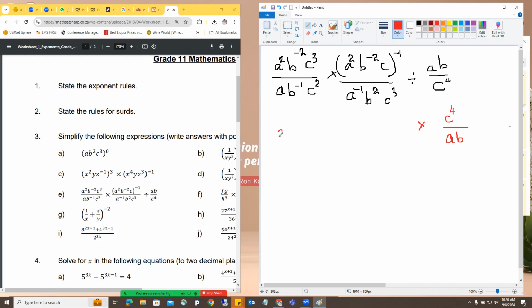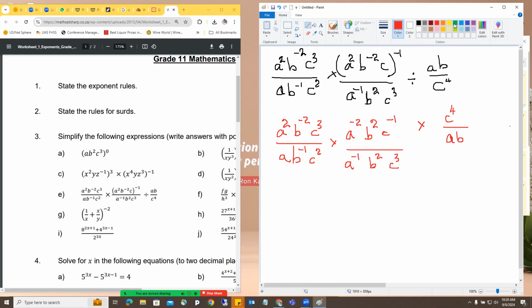If I rewrite this entire thing: a squared b minus 2 c cube divided by a b minus 1 c squared, into a minus 2 b 2 c minus 1, divided by a minus 1 b squared c cube.